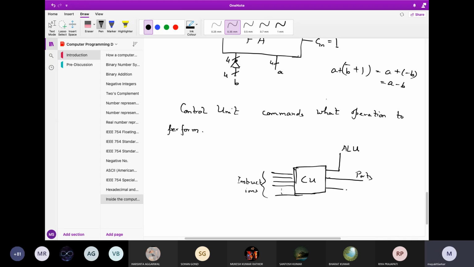Maybe one bit is going towards the memory. I'm just showing the three most common. In fact, there are hundreds of such wires coming out of the control unit, each going to different parts of your device, right? And all these wires coming out, except the one going to the ALU, because the ALU is within the CPU itself. One part is maybe going to the registers. I'll tell you what registers are.